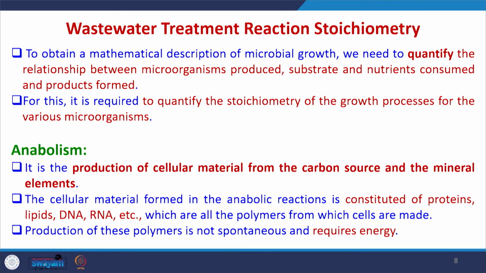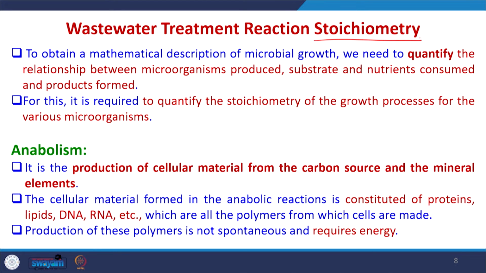Now, we will go further and study in detail the wastewater treatment reaction stoichiometries. During wastewater treatment, a lot of reactions occur depending upon the environment, depending upon the substrate, microorganism, nutrient presence, etc. And there are various types of reactions which are possible that we will study in detail. So, for better analysis, design, etc., we should find out the stoichiometry of all these reactions.